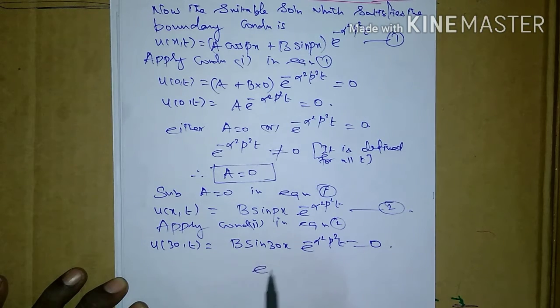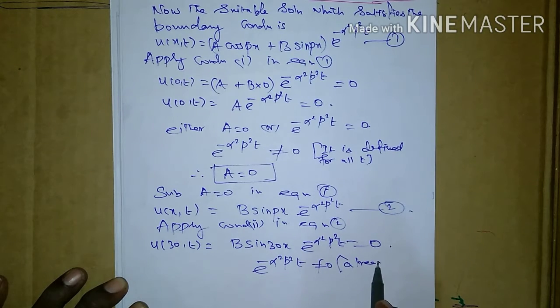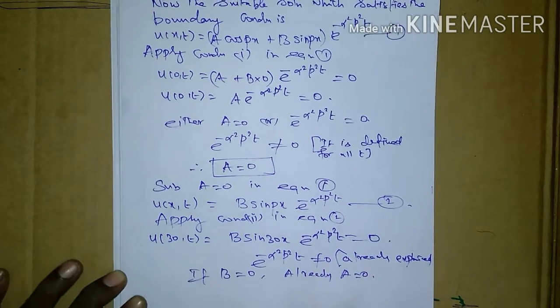We know that e power minus alpha square p square t is not equal to 0. It is already explained. Therefore, the only possibility is b equal to 0, but already a equal to 0.